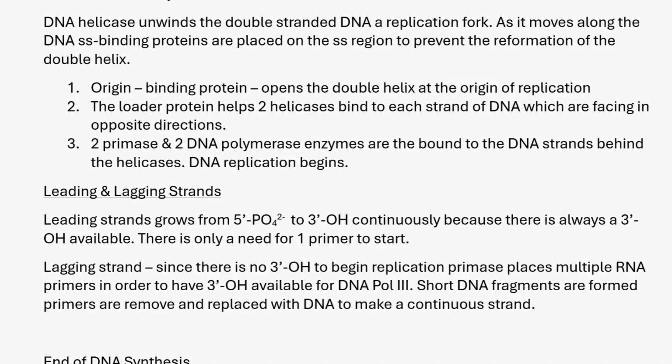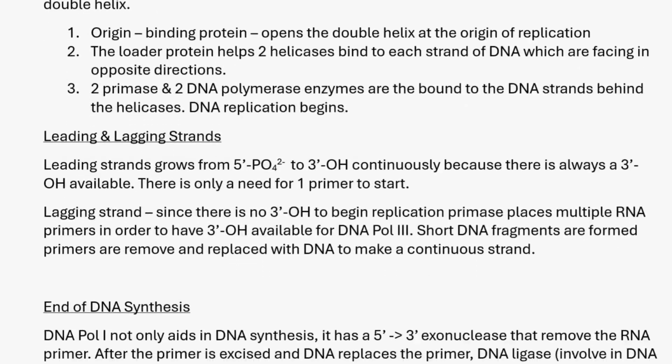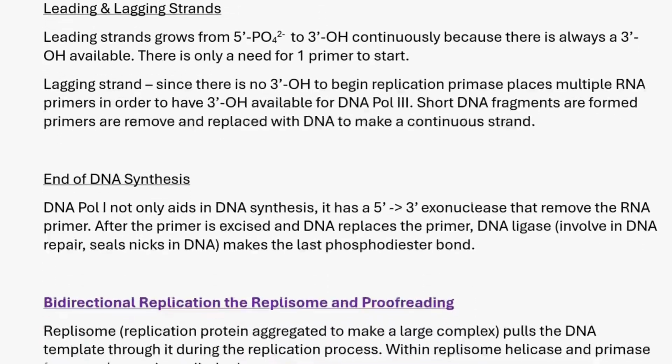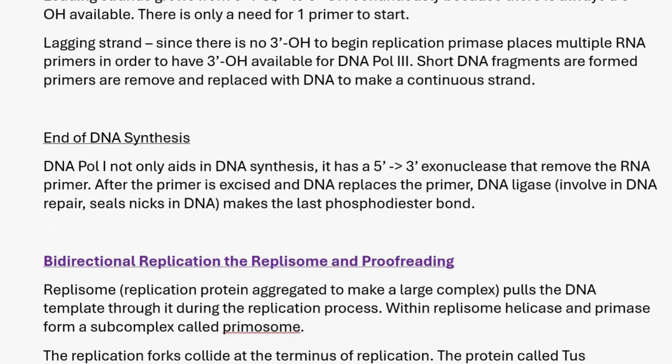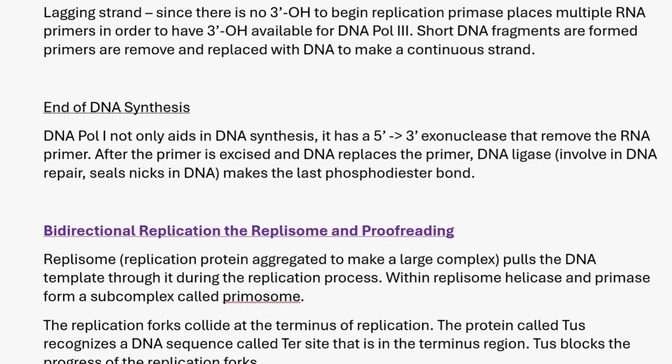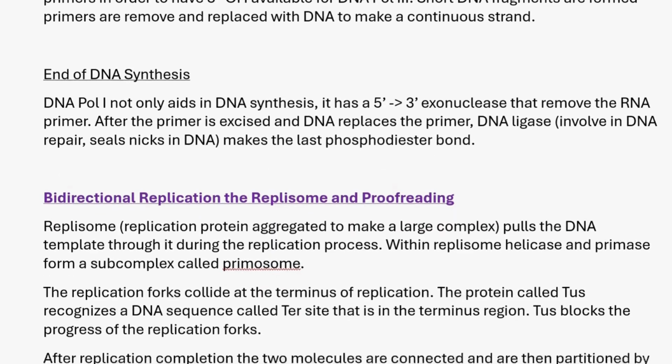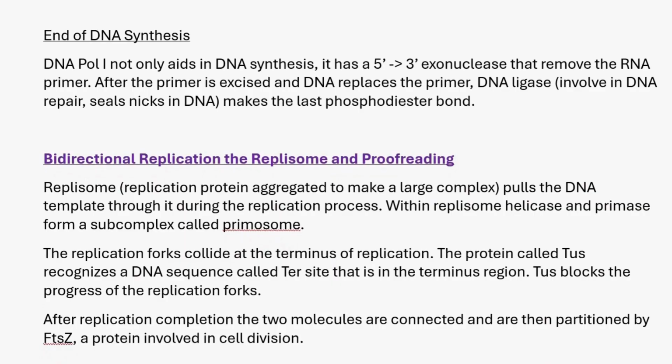As replication proceeds, DNA polymerase I replaces RNA primers with DNA using its 5' to 3' exonuclease activity. DNA ligase then seals the remaining nicks between DNA fragments by forming the final phosphodiester bonds. These enzymatic coordinations ensure the accuracy and completeness of DNA replication, maintaining genomic integrity across the generations.